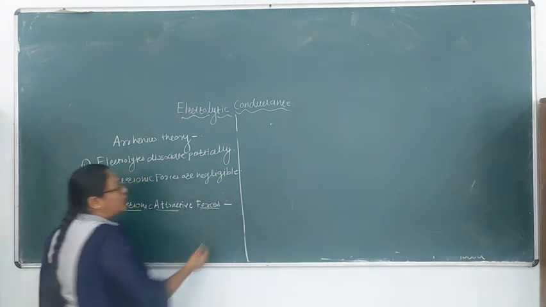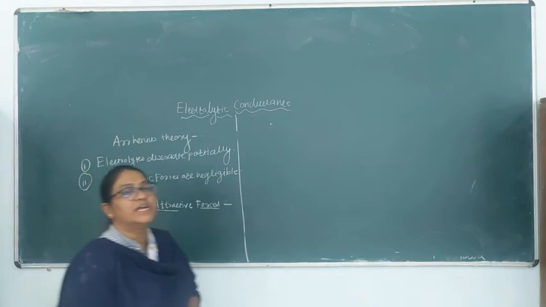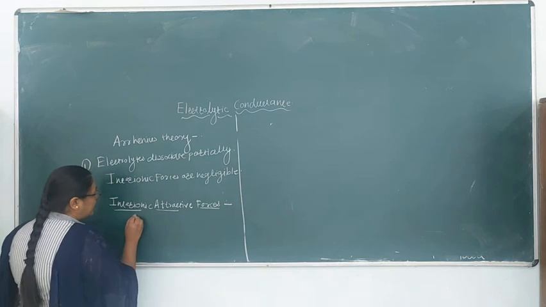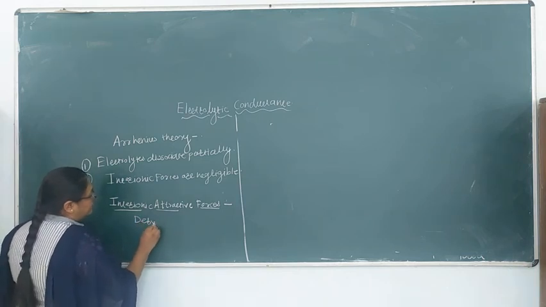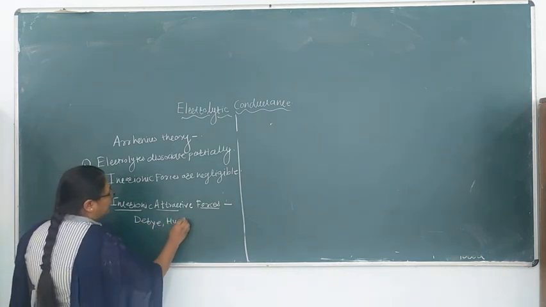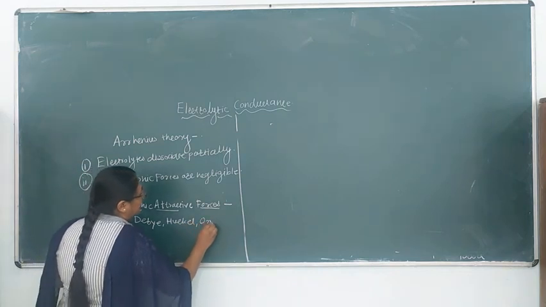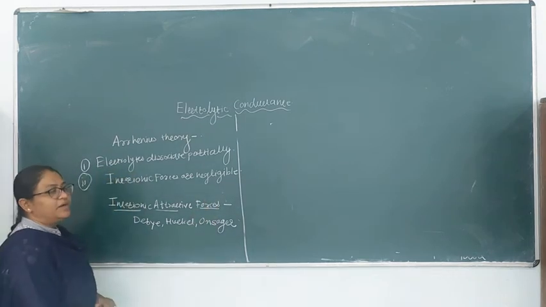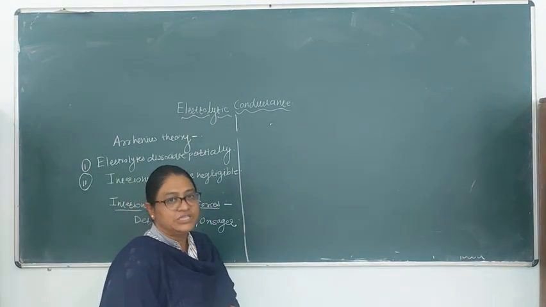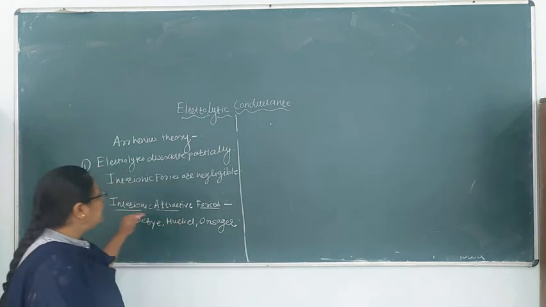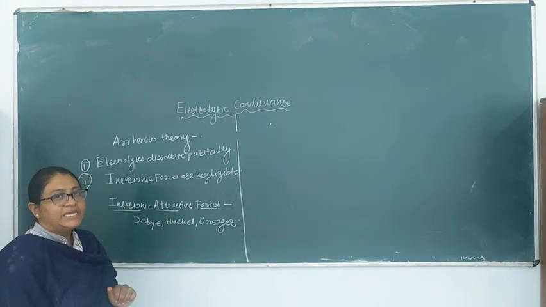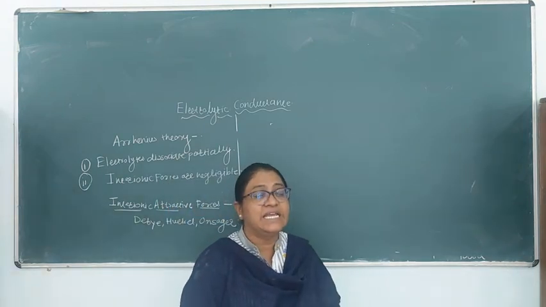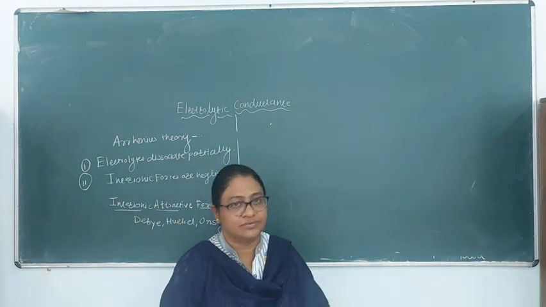was given to explain the variation of conductance with concentration for strong electrolyte, and this theory was given by Debye, Huckel and Onsager. These three scientists together developed the interionic attraction theory, and this theory tells us why the conductance of a strong electrolyte decreases on increasing the concentration.